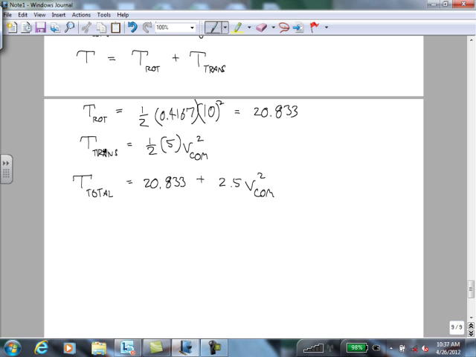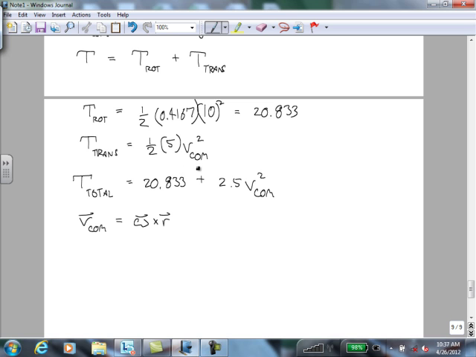I left all the variables in, and now we'll think about how the constraint works. The constraint we can use here is that the velocity vector of the center of mass is equal to omega crossed with r.